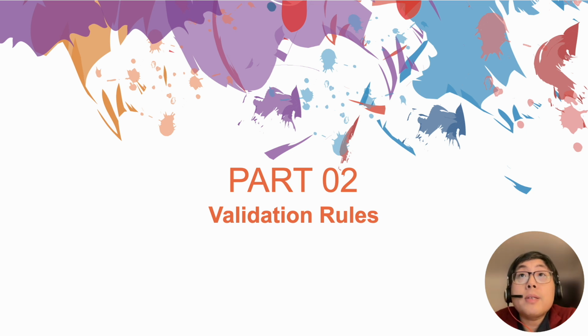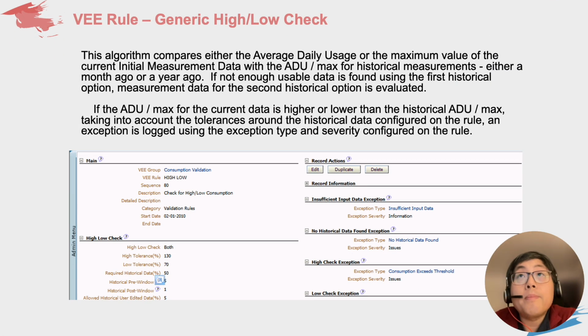Okay, next let's look at the validation rules. There are a lot of base product rules provided by Oracle MDM or C2M, which you can look at in the MDM parts. There is online C2M documentation where you can look at all the rules. There's a whole list of validation rules and estimation rules. I'm not going through each of them, but I'm going to take some examples which I think are really important.